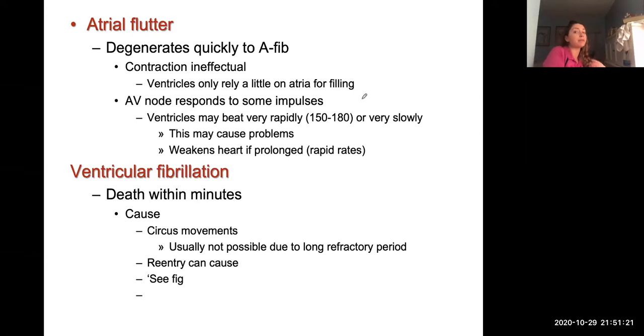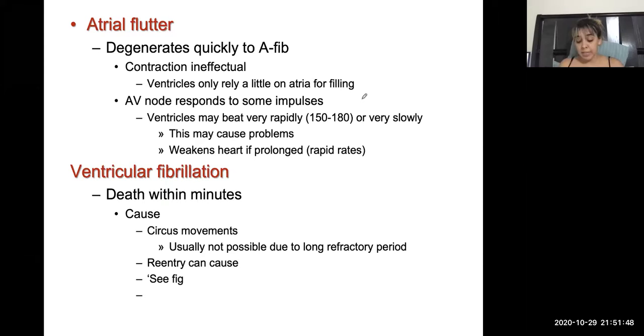So it might be really fast or really slow because the AV node is the one that's contracting, or it could be the Purkinje fibers if it's a heart block, but usually the AV node would be the second one. And it responds to some responses, but not all, because there could be a block from any number of things.